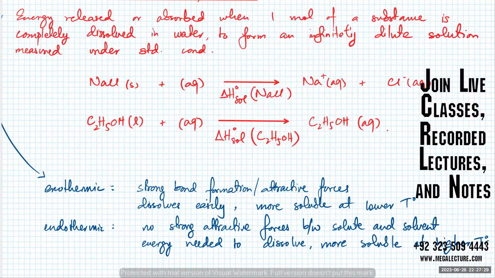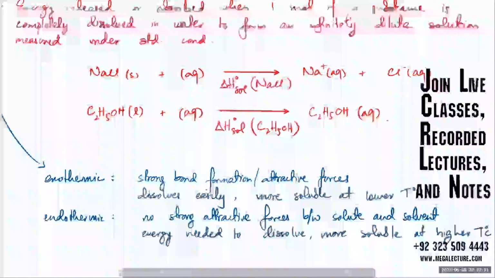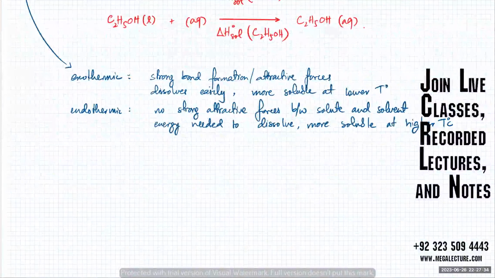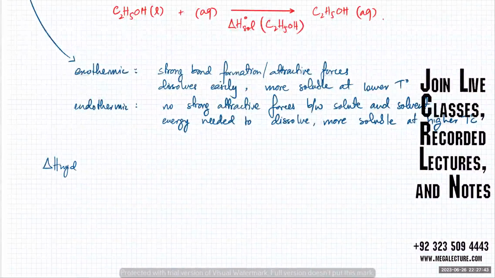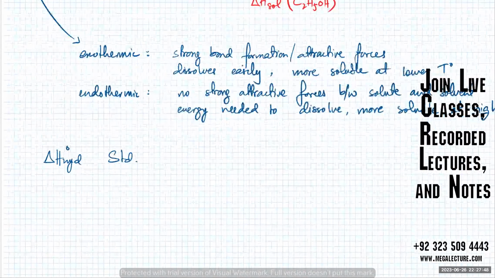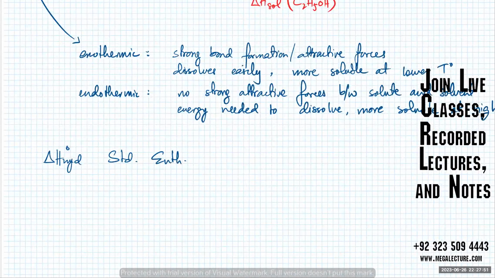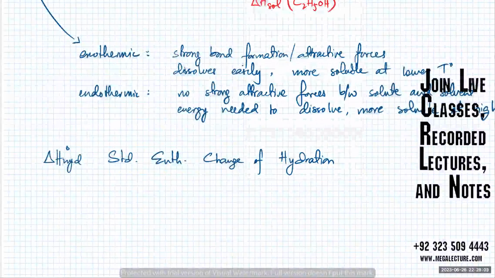Okay, is this clear? Yep. So that's one definition. Now the other one is there's a thing called enthalpy change of hydration. So this is the standard enthalpy change of hydration.